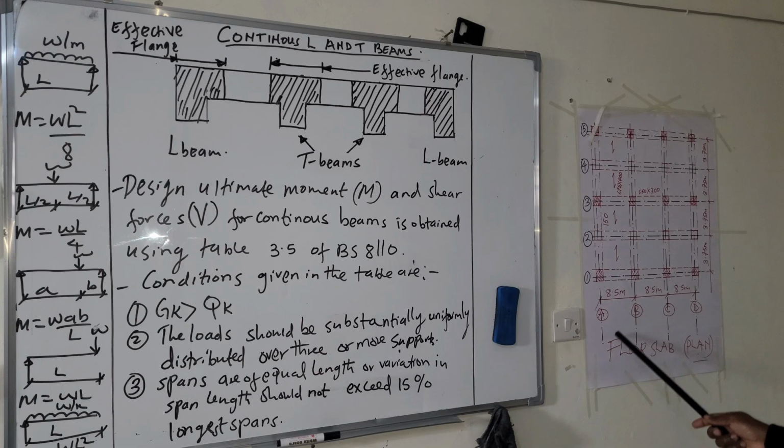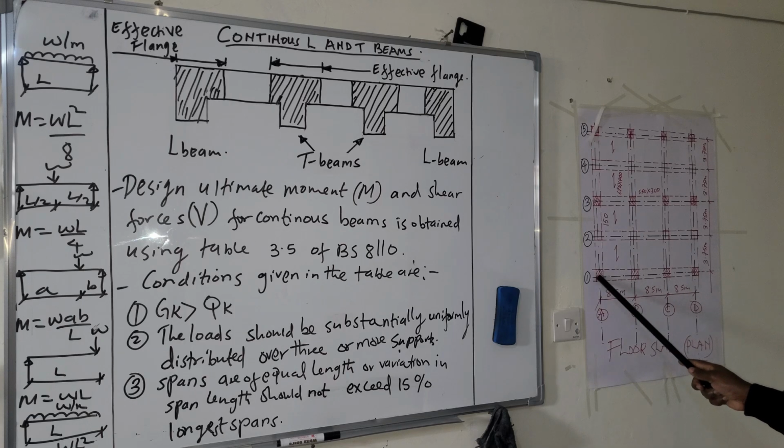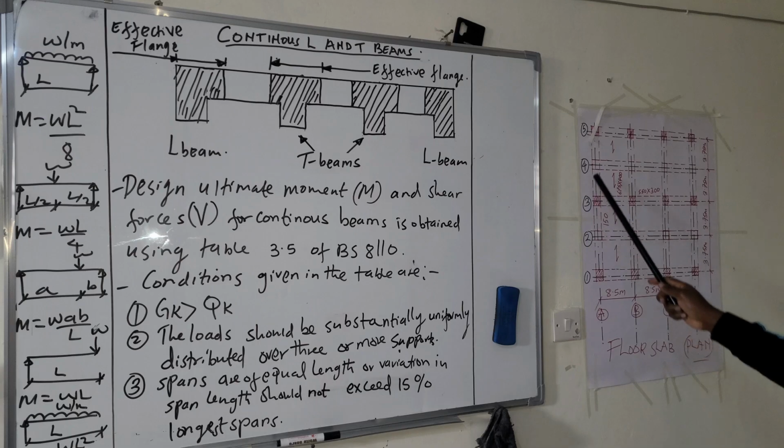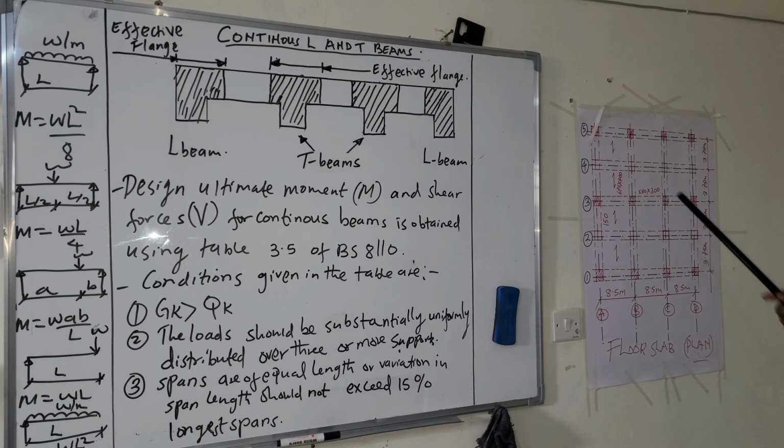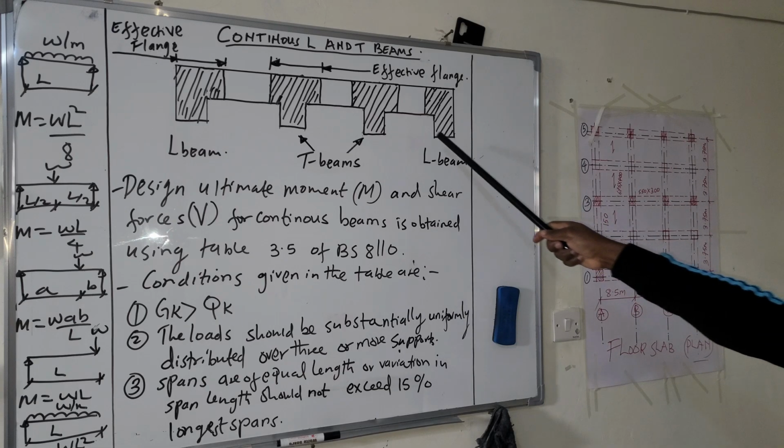So as you can see, this is a floor slab plan. These are the columns. These are the beams. So if you cut a section along this slab and beam, this is what you will have.